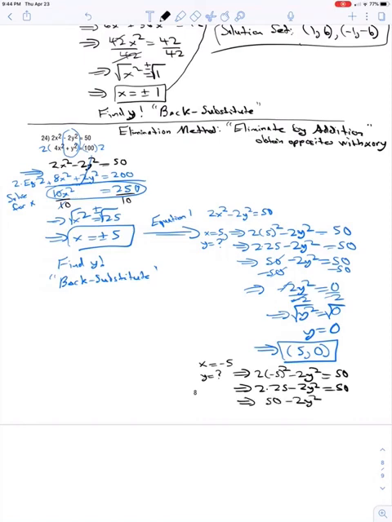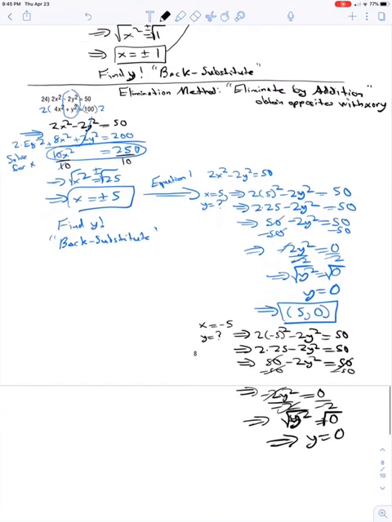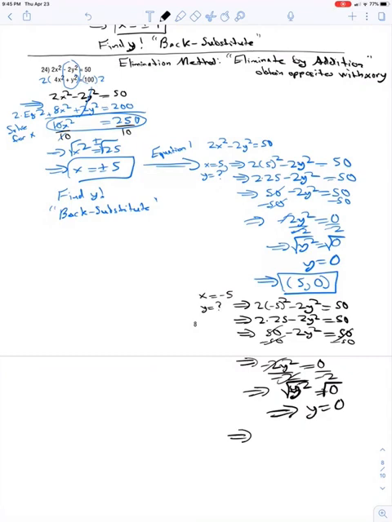Same thing happening as in the previous step. We end up getting negative 2y squared equal to 0. Divide out negative 2. We get y squared equal to 0. We take the square root, and we get y equal to 0. So our other solution is the ordered pair (-5, 0).